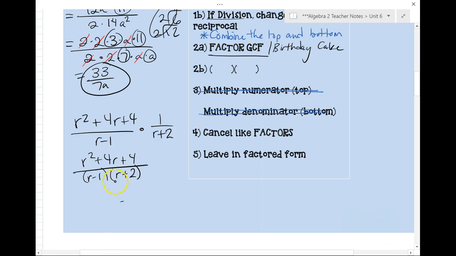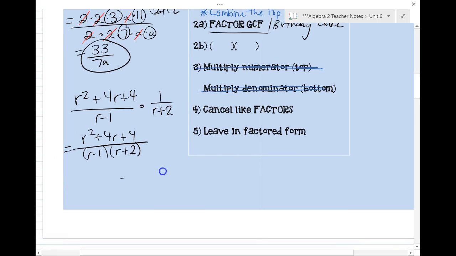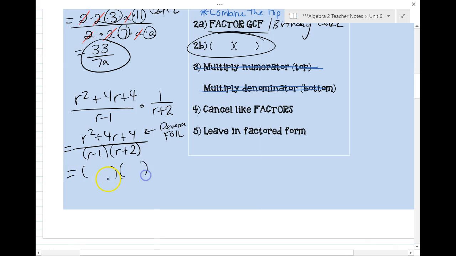And remember, we want to leave that in factored form, so don't FOIL that. And then what we want to do with this is we're going to reverse FOIL. We want to factor it out. That's why this step over here I wrote binomials, because that's what we're going to make: 2 binomials on the top.